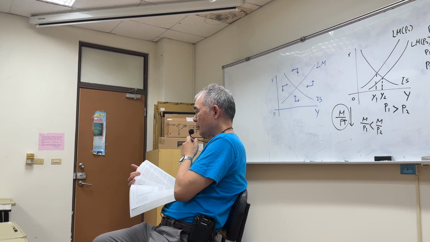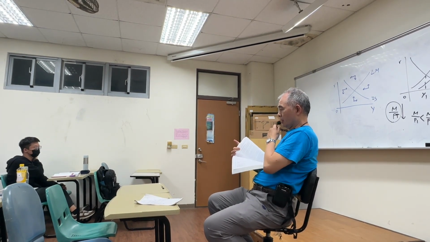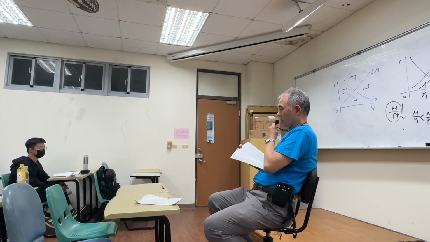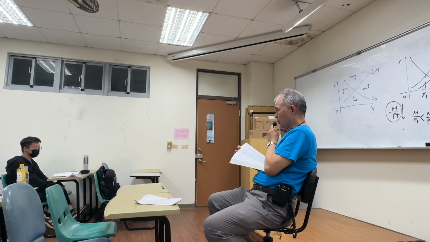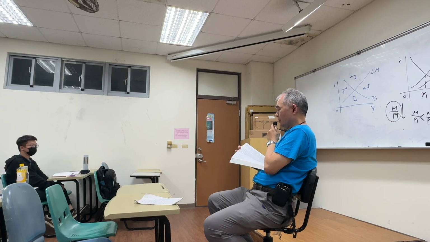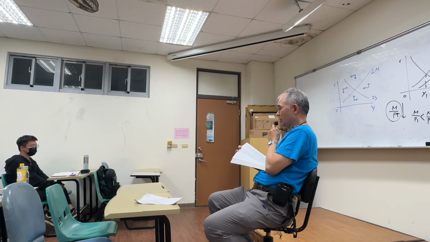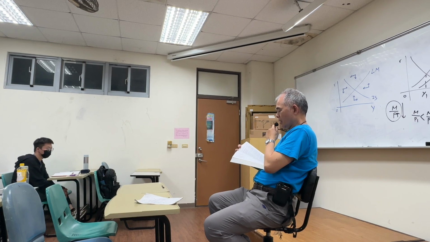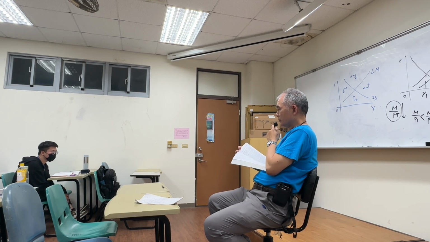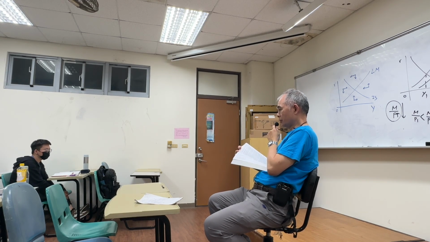People move to the other country. So in this case, Donald Trump ordered the police to catch a lot of illegal immigrants. So what will happen to the full employment line? Will it shift to the left or shift to the right?